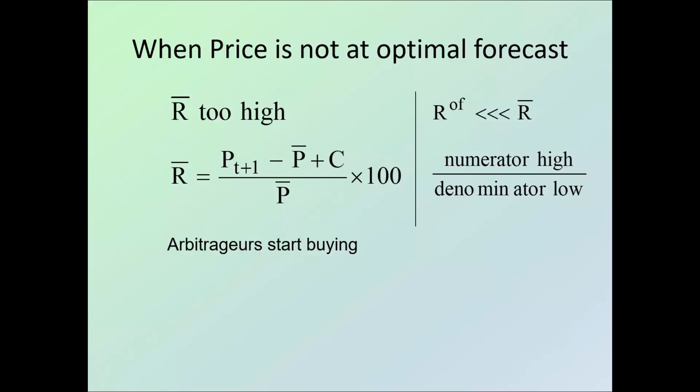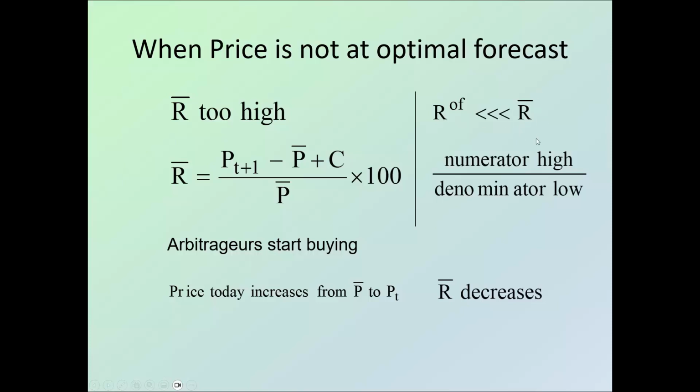Now, how can we make this optimal forecast start rising? Well, R bar is too high, so what do we do? We start buying today. When we start buying today, the price starts going up from P bar to P_t. When P_t goes up, R bar starts decreasing. This R bar was higher as compared to the optimal forecast.